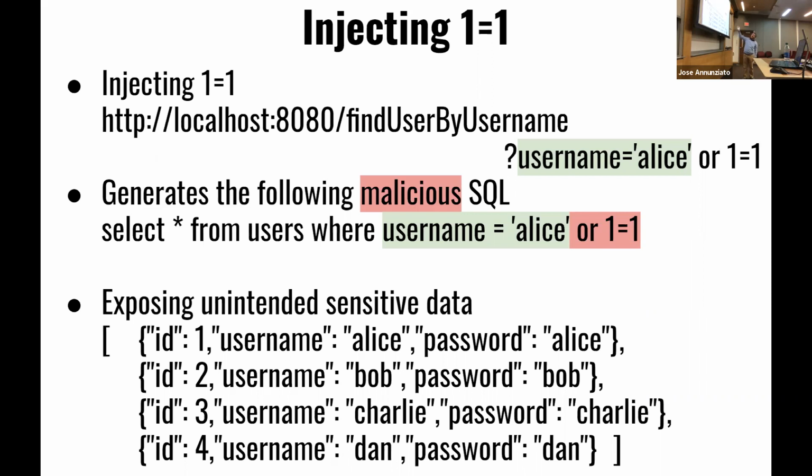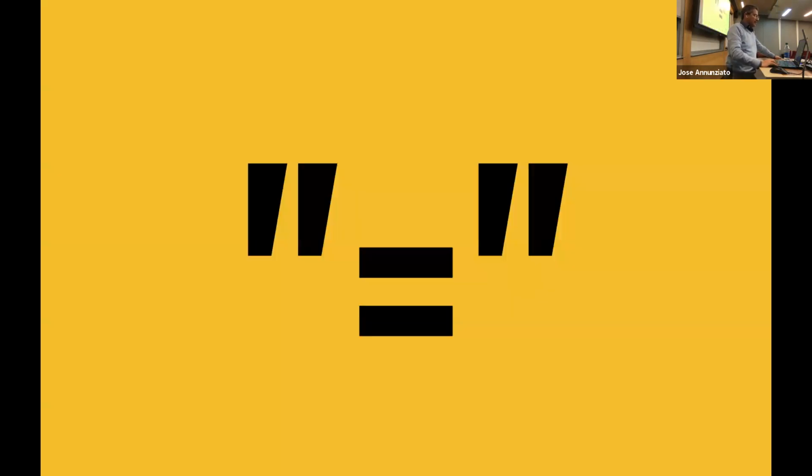So the response is as if you would have done a select star from users, and you retrieve every single record. So now instead of the person just receiving one record, they receive the entire content of the table, and they might use it as additional information to try and thwart their way into our data.